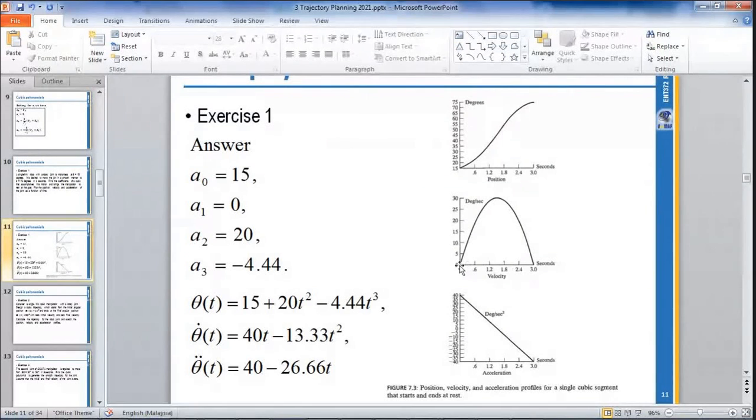If you want your robot to move faster, you put time T as 0 to 1 second. Your robot moves very fast, but it's smooth motion.